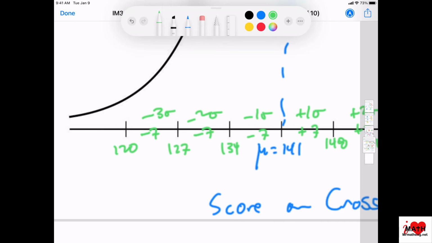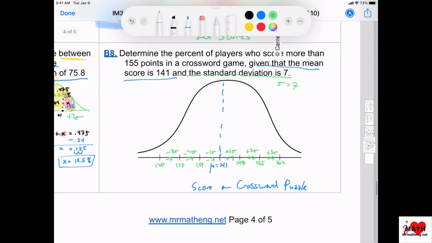Okay, so now I need to locate these numbers. More means going towards the right from 155. Here's 155. And they want to know what this yellow region is. And let's color this left side. Let's do green.